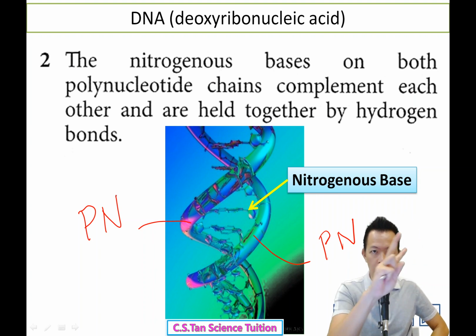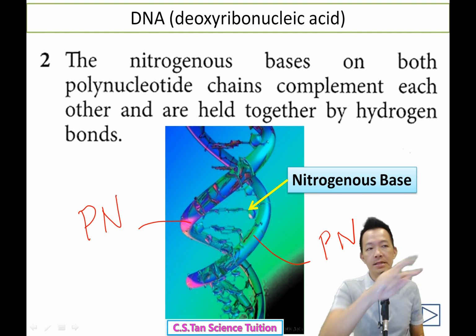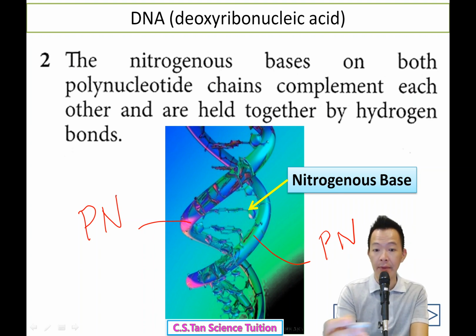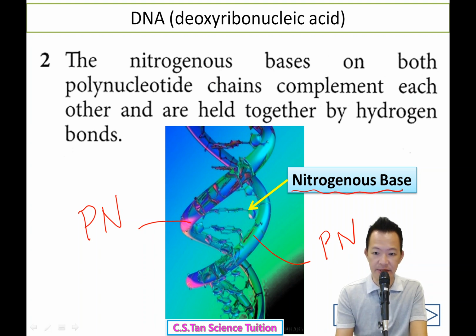Okay, so how do the two polynucleotides join together？ 这两条的 polynucleotide 呢，到底怎样结合在一起的呢？Okay, they join together actually by using the nitrogenous bases， 用它们的 polynucleotide 里面的 nitrogenous bases join together with the hydrogen bond， 什么意思呢？Polynucleotides have nitrogenous bases， 它那边里面有 nitrogenous bases， so this is also the nitrogenous base for another polynucleotide.